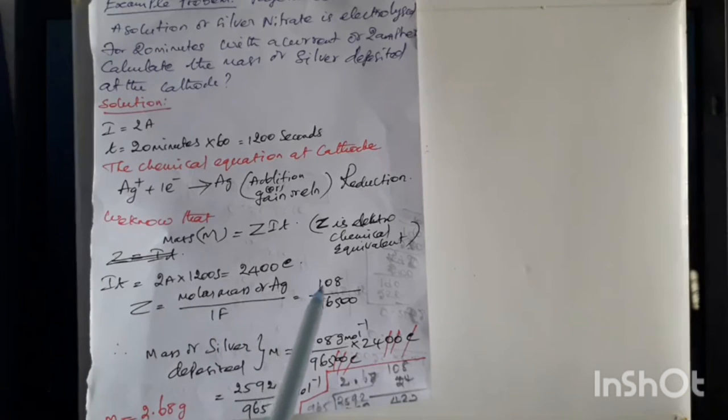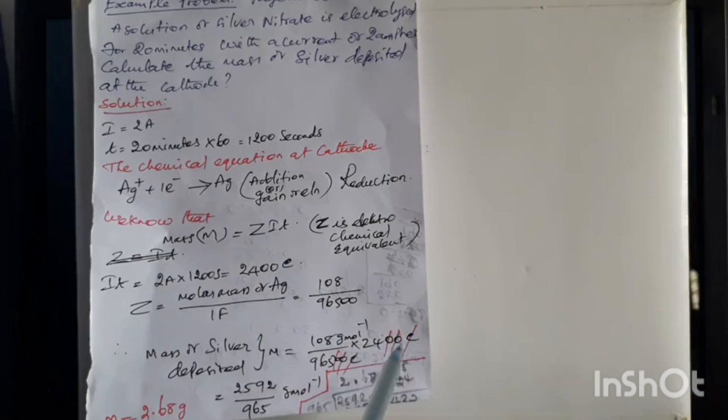The molar mass of silver is 108, a fixed general value. So Z is 108 divided by 96,500. Therefore the mass of silver deposited, M, is equal to 108 divided by 96,500 coulomb times 2400 coulomb.